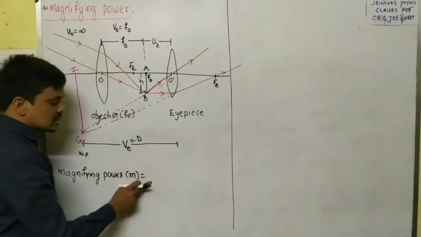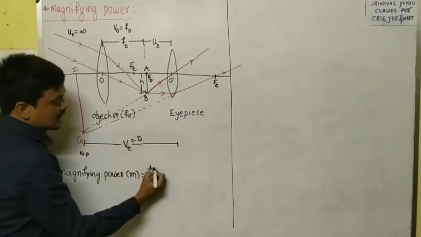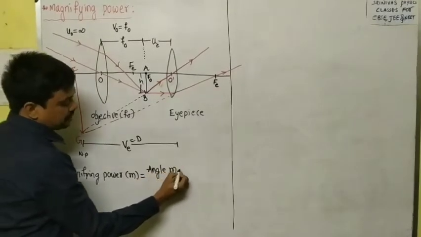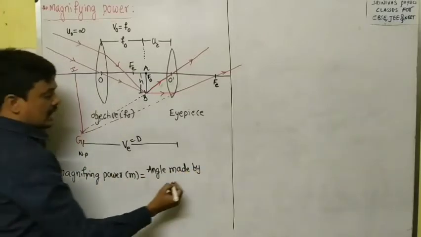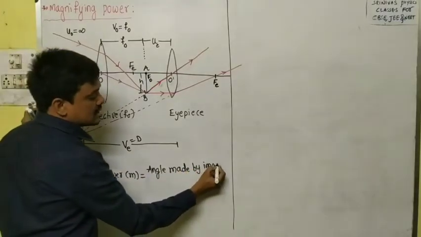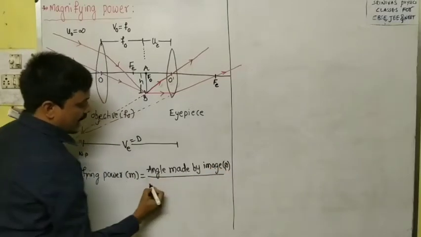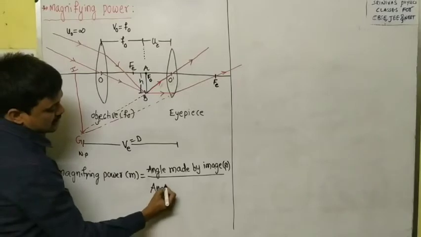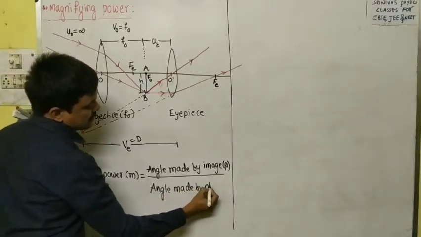Now here I will explain some other formula, that is the angle made by the image. This is the angular magnification we are finding. Angle made by image, we can take it as beta, divided by the angle made by object.